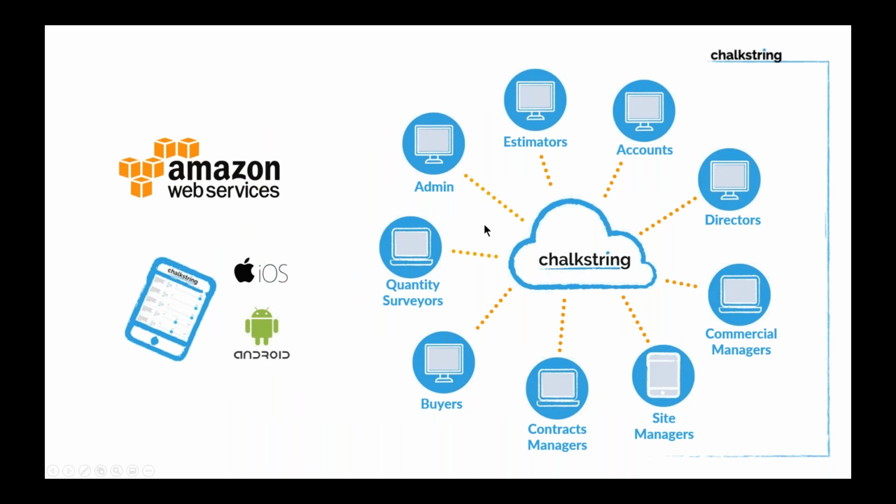So essentially, what you've got is this single set of data, which is cloud hosted, so you can access it on site or wherever you are with iPads and phones and tablets and so on. And every person within your business, regardless of their role or their responsibilities, is accessing the same set of data at all times. And obviously, we've touched on some of these roles already. So that's what Chalkstring is.